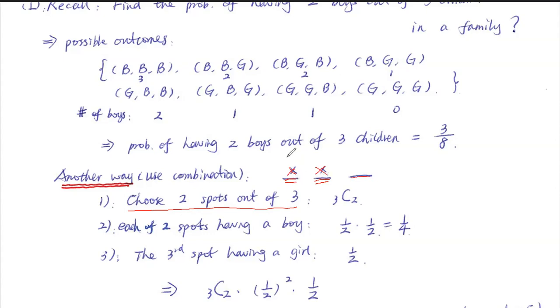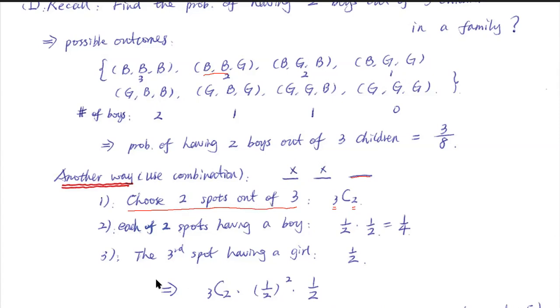If both are boy, we consider them the same, right? That's the reason you see this boy has only 1 case, and we don't have another case showing that. So you are choosing 2 out of 3, and it's a combination. That's how many cases you can get.